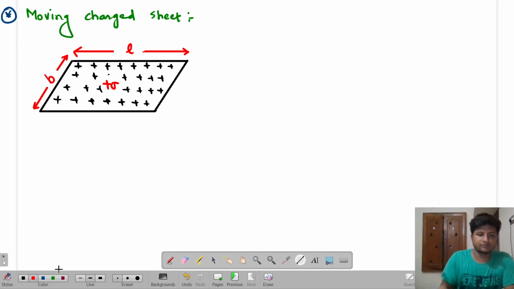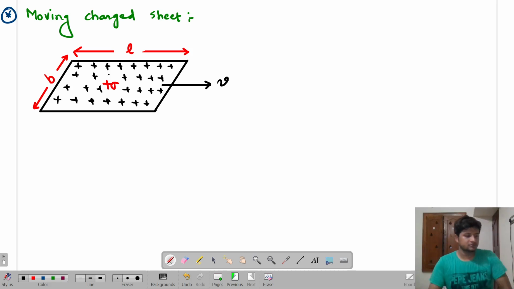And it's moving with some velocity V. Then I ask you to find the magnetic field anywhere, you define it. It's your task.